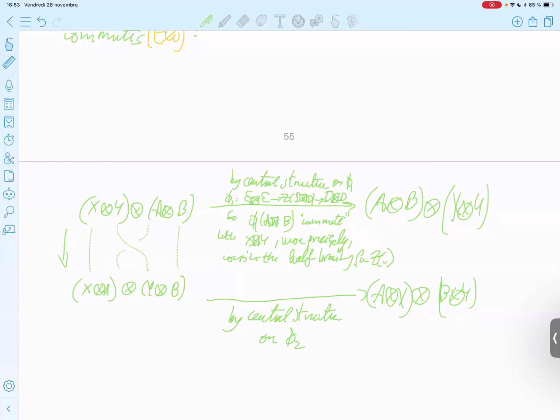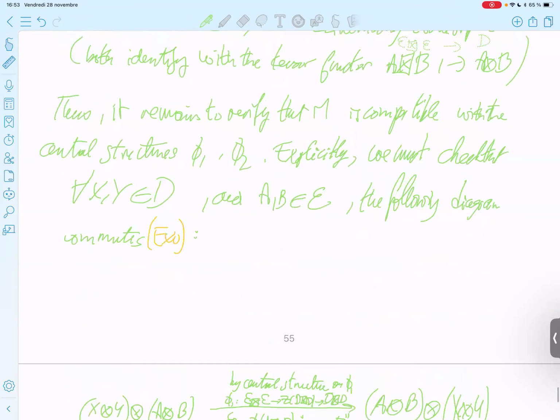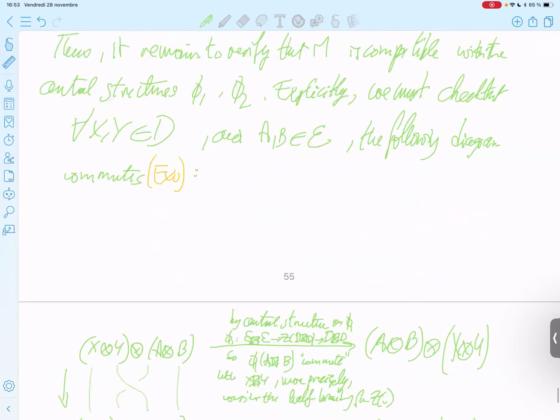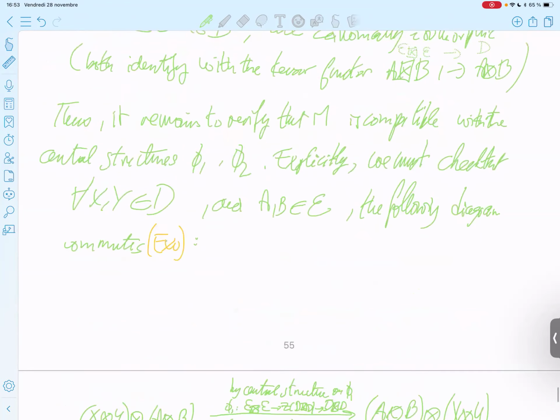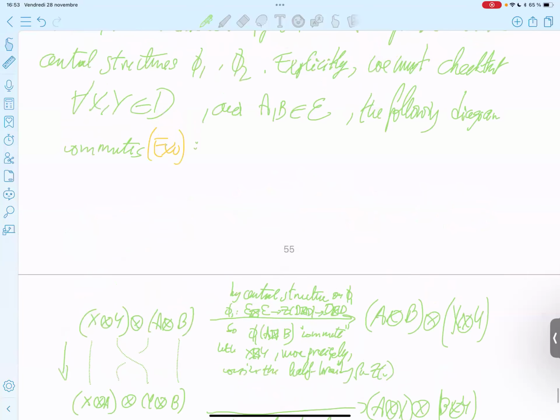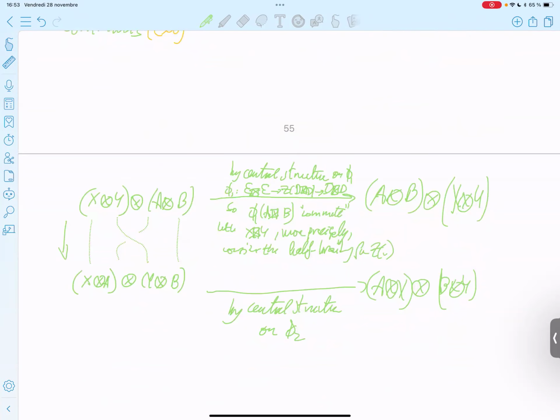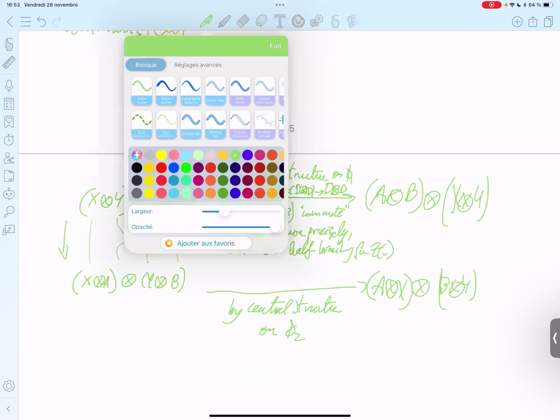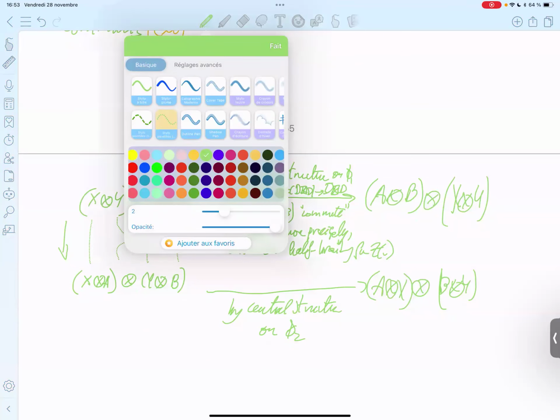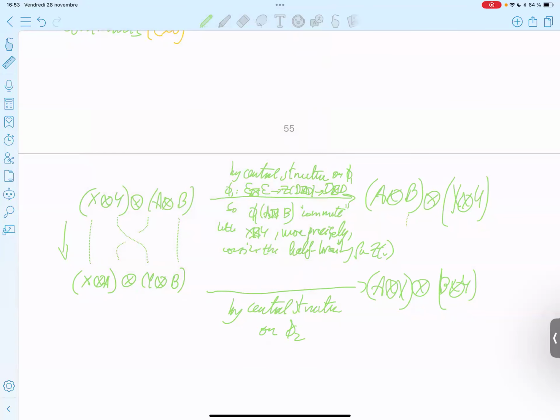X is in D, A is in E. And here you just do the braiding, an identity.